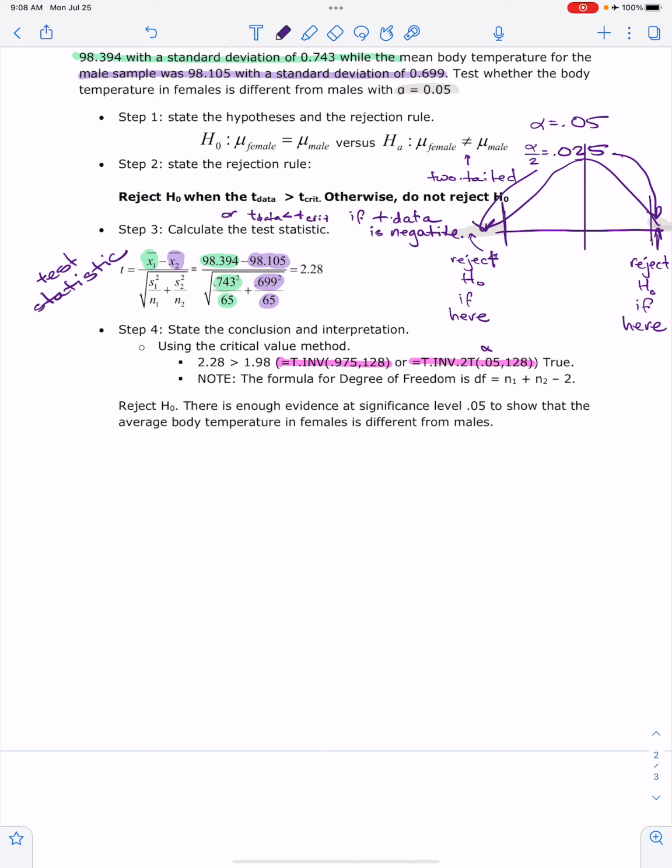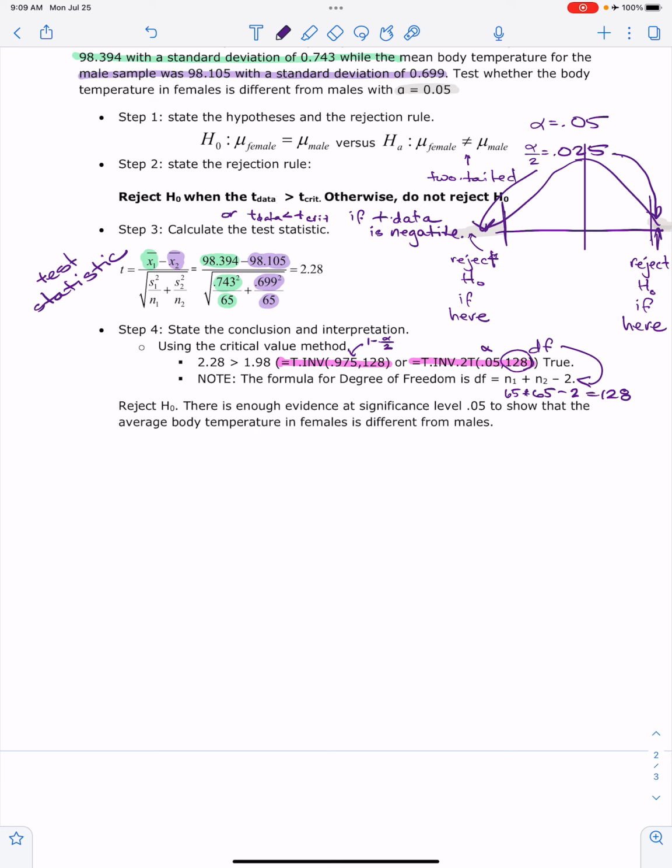So this here is alpha, and this is 1 minus alpha divided by 2 because we are dealing with that positive end. Anyway, you will notice that the degrees of freedom here is 128. When we've got a two-sample test, we find the degrees of freedom by adding both of our sample sizes together and subtracting 2. So in this case, we had 65 plus 65, 130, minus 2, which gave us the 128.